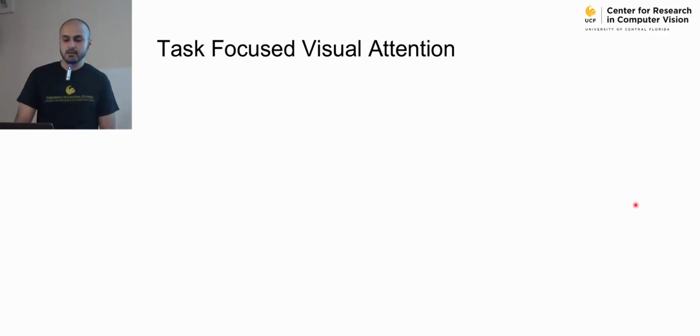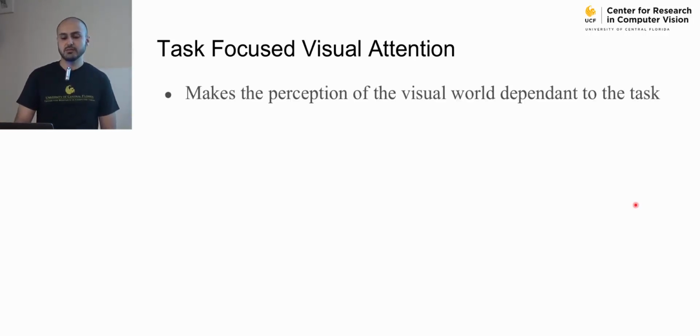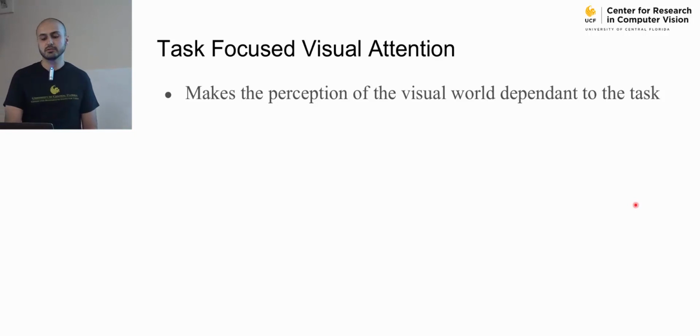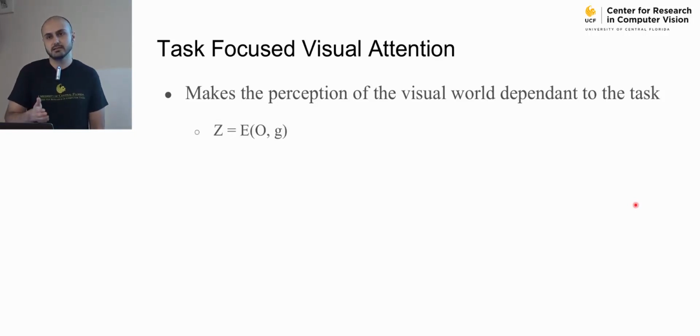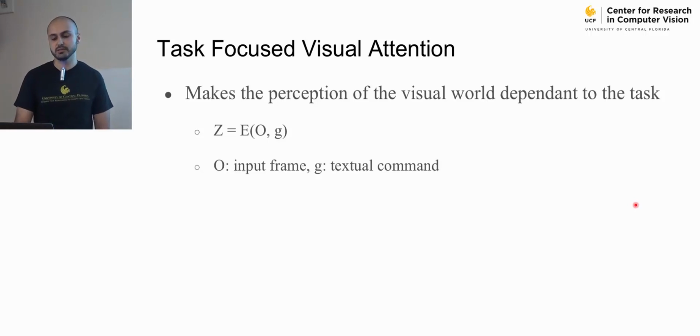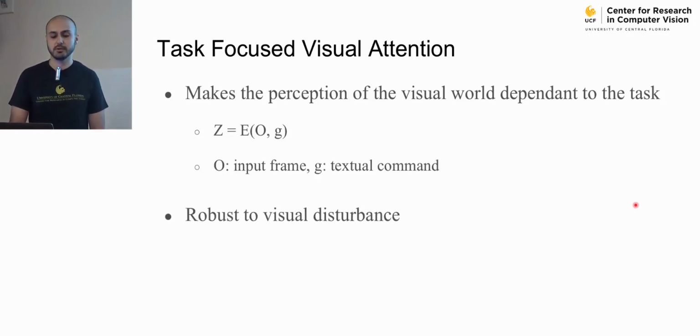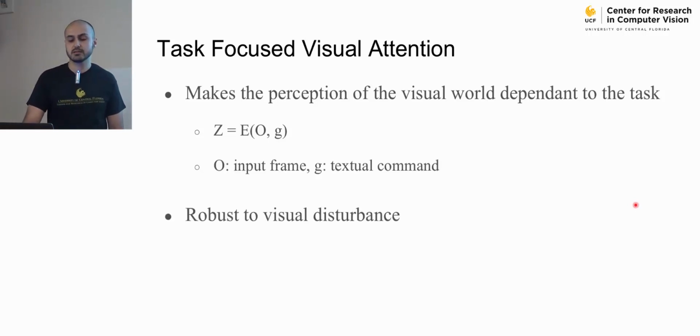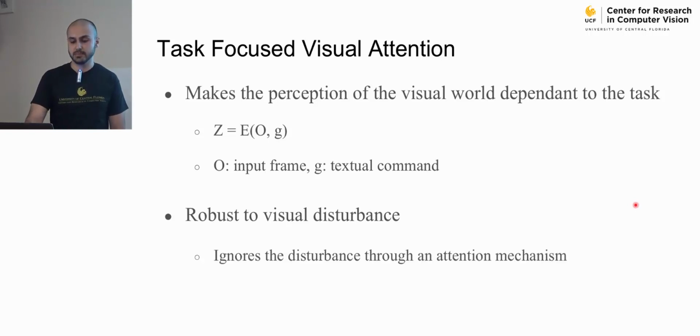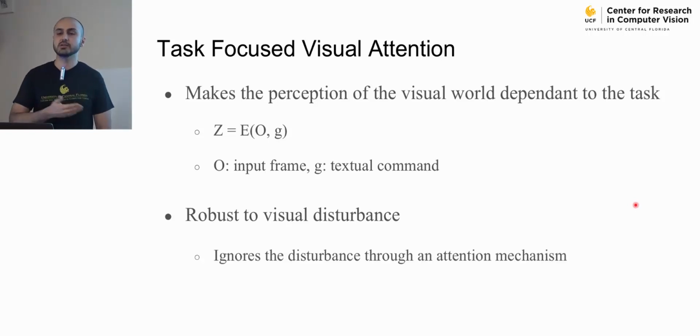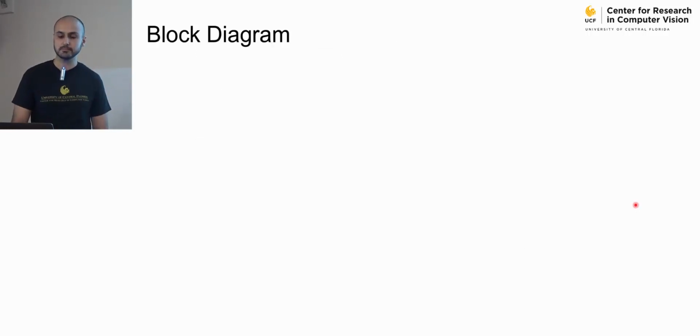So task-focused visual attention makes the perception of the visual world dependent on the task. Basically, Z is the output of encoding O and G, where O is the input frame and G is the textual comment. And we show that this is robust to visual disturbance. It basically works by ignoring the disturbance and attending just to the important regions which are related to the task being done.